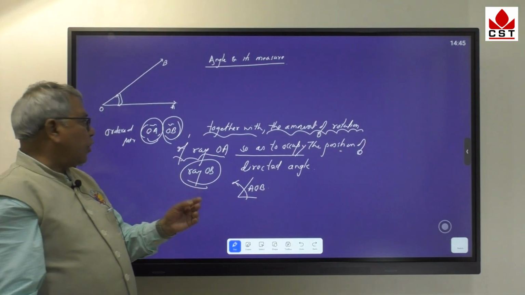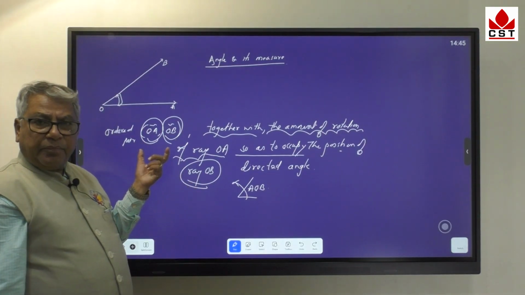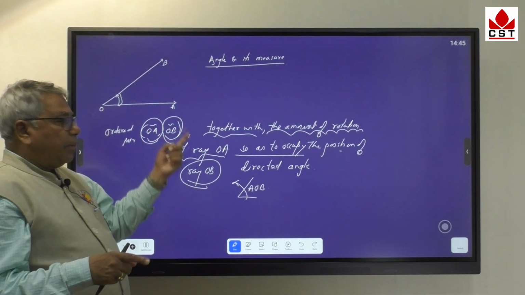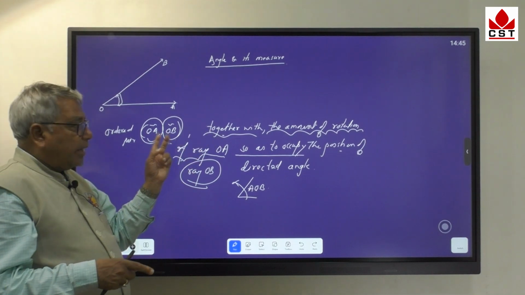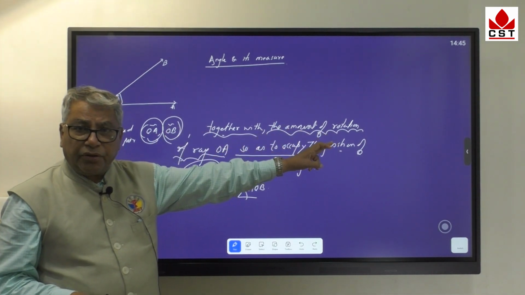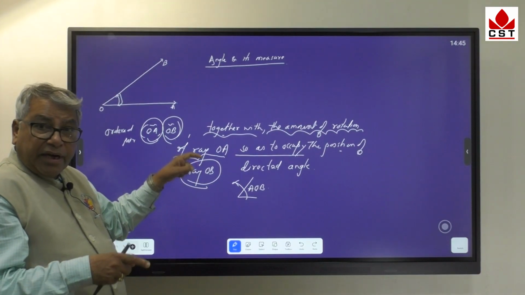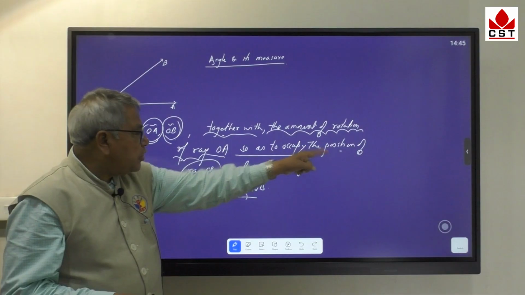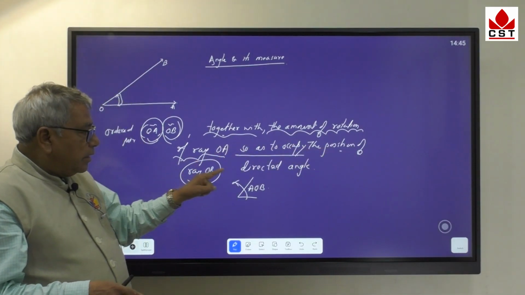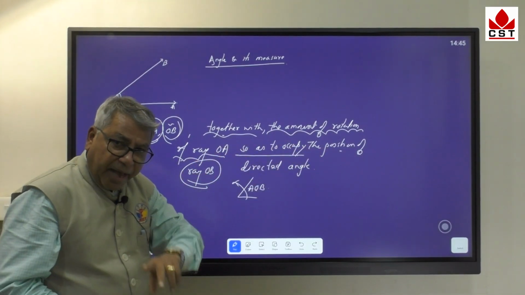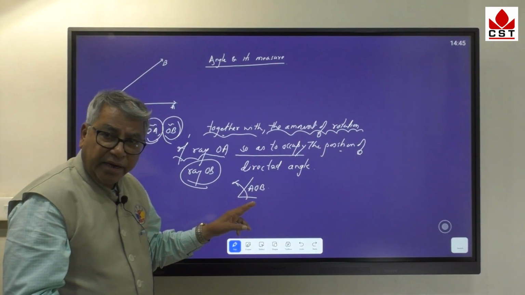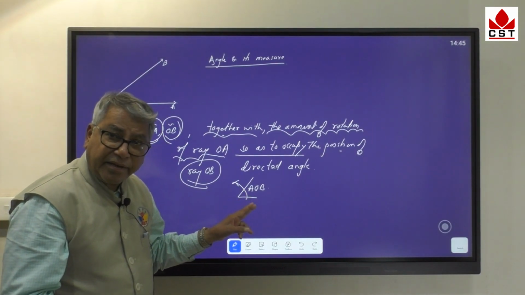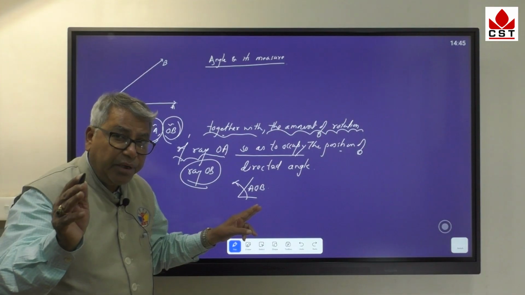Again I repeat, in short: the ordered pair of ray OA, ray OB, together with the amount of rotation of ray OA so as to occupy the position of ray OB, is called a directed angle, denoted as directed angle AOB. Direction is very important.